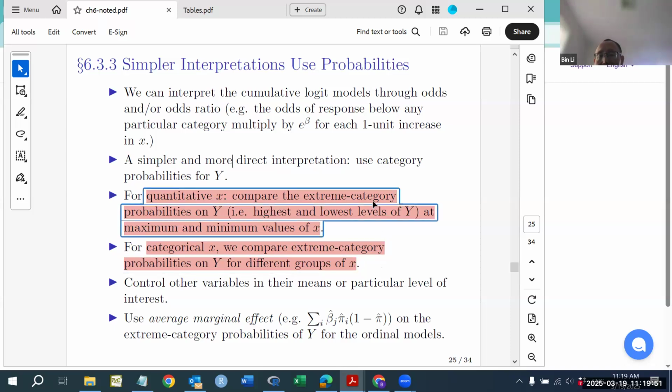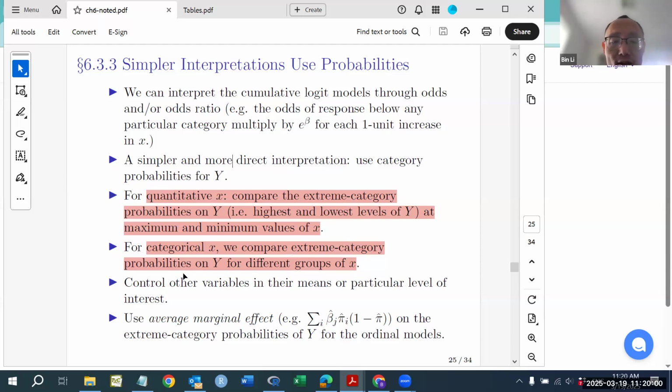That means the highest and lowest levels of y at the maximum and the minimum values of x. If the predictor is categorical, then we can compare the extreme category probabilities, that means the highest and lowest level of y for different groups of x. Okay, and this is controlling other variables.